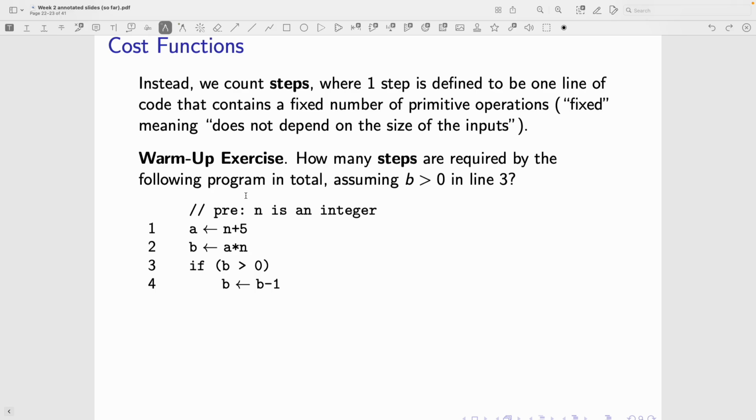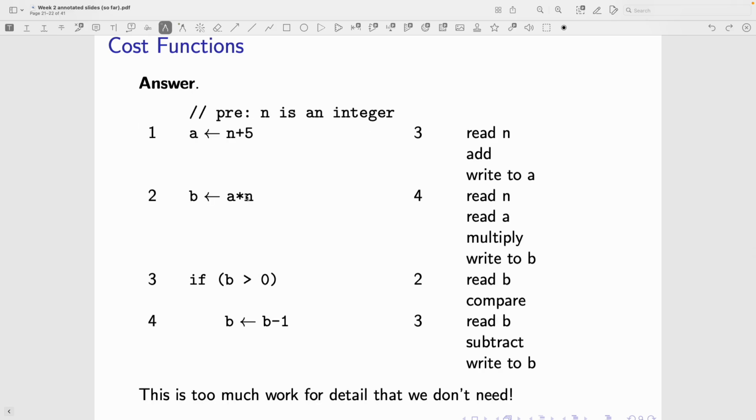It turns out the measurement of the amount of time that this algorithm takes wouldn't meaningfully change if we just went like 1, 1, 1, 1. All of these are constant time.